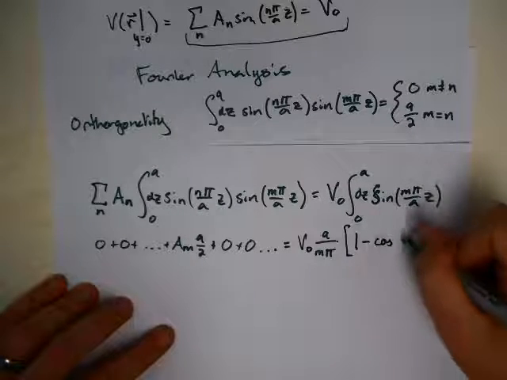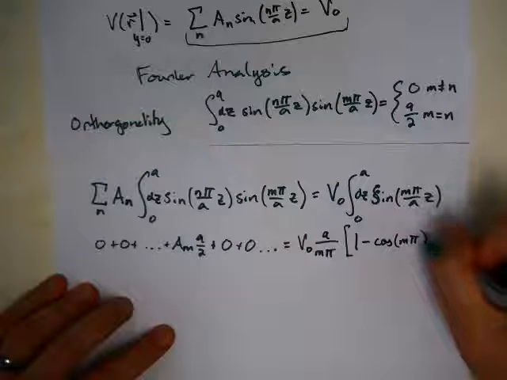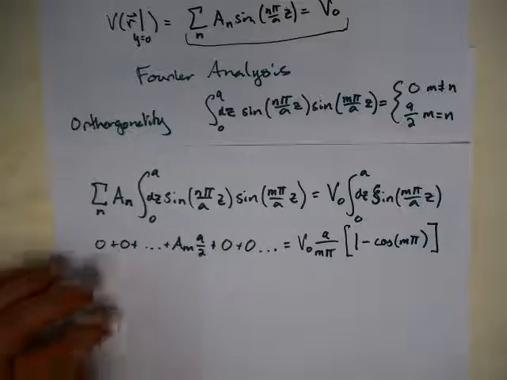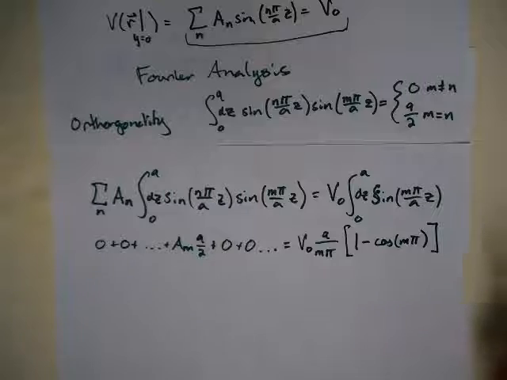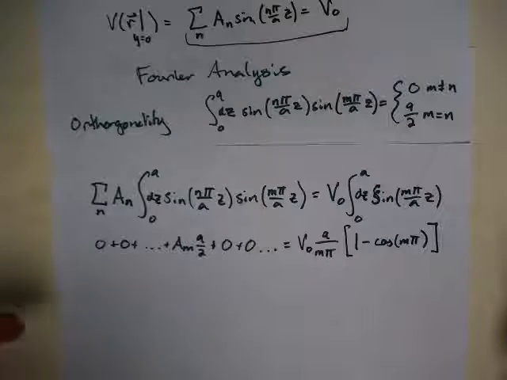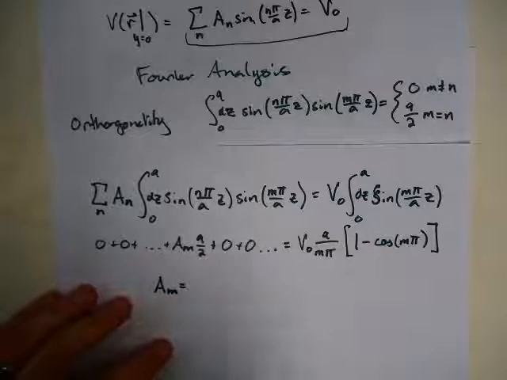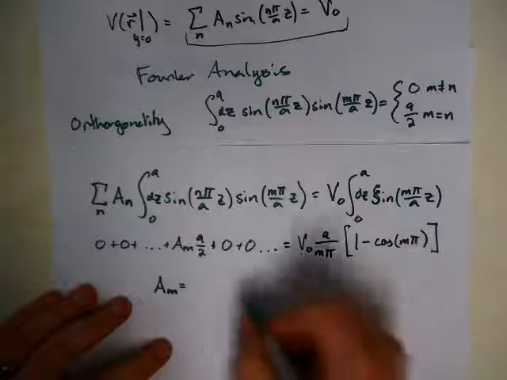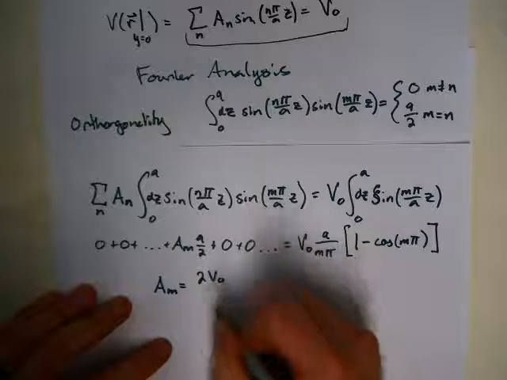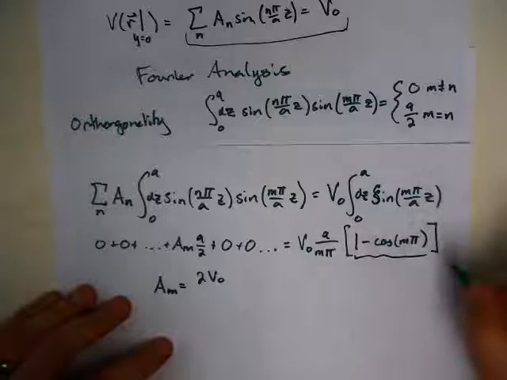Okay, and so this is what we have on this side. So now just equating these two and solving for a_m, the little a's cancel, 2 V naught, oh, and let's look at this for a while.